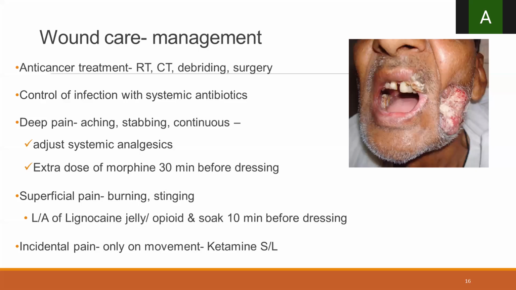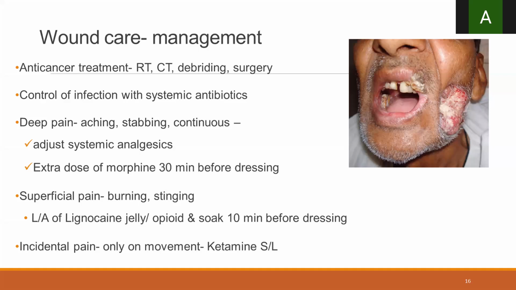If the patient is having pain, we have to assess the pain, what kind of pain it is, and accordingly painkillers are given. I'm sure the topic might have been covered, so that can be dealt with. So whether it is aching pain, stabbing pain, whether it remains continuous, in that way adjustment of the analgesics can be done.